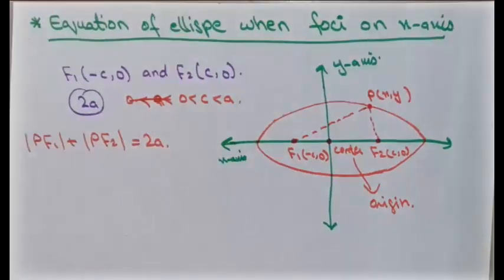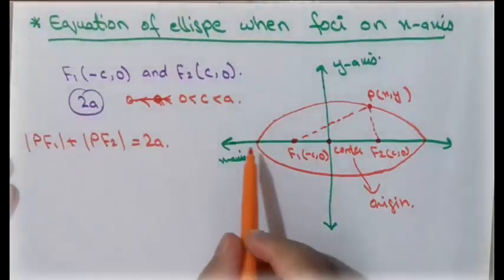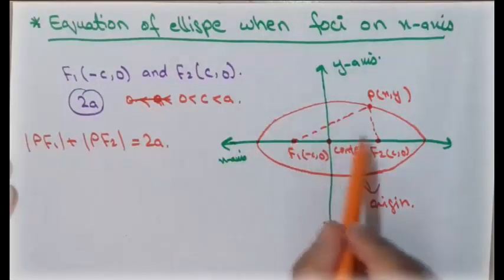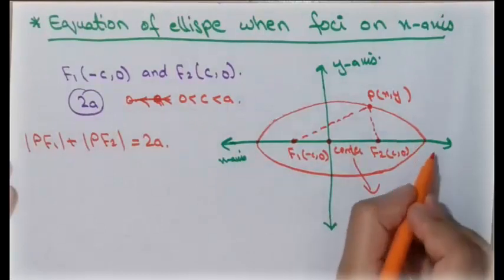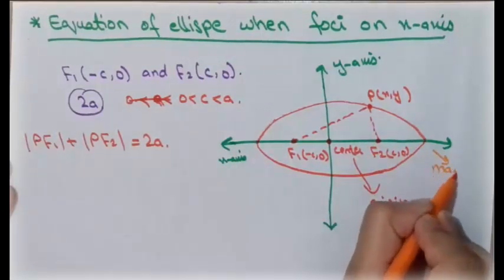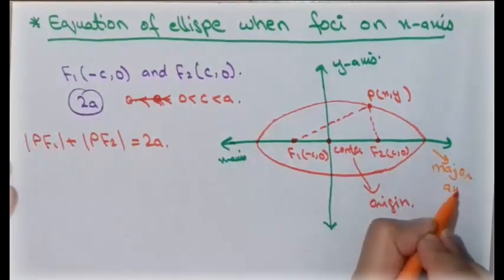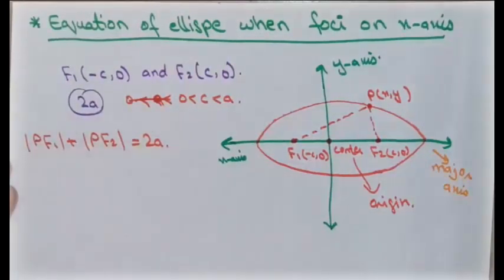So the line through the foci and across the ellipse, here are our two foci on this axis, is called the major axis, or, as we already discussed, we also say that it is the focal axis.